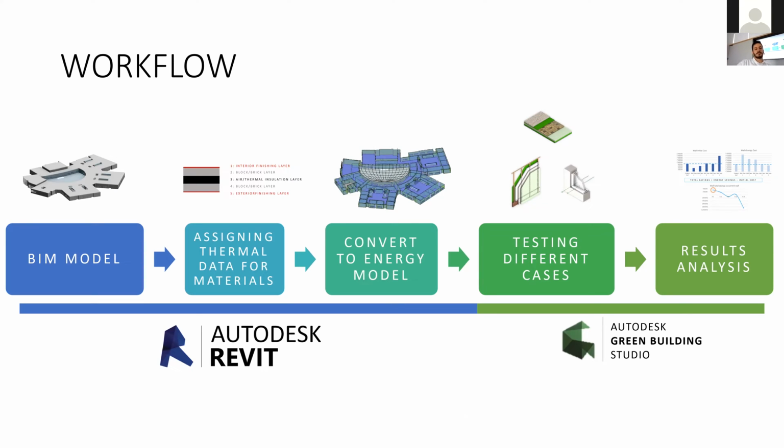Then we converted that BIM model to an energy model, which is an automatic process that happens inside Revit. And then using Green Building Studio, we could test different design cases and different materials, and when we analyzed the results, we got the most optimum design by looking at the cost of the materials, the operation costs and how much savings we have from that.